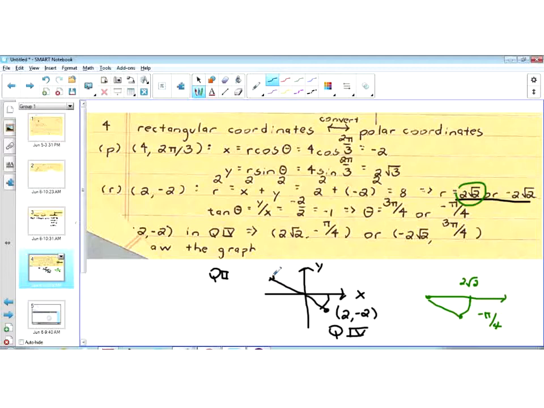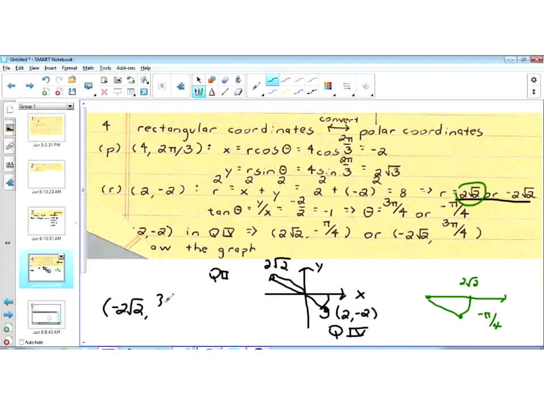Now, for theta equals 3 pi over 4, obviously if this radial arm length, this distance, were 2 on the square root of 2, then this point would not be the same as this point. You can see they're in different quadrants. So we would have to take the negative of the radial arm length.